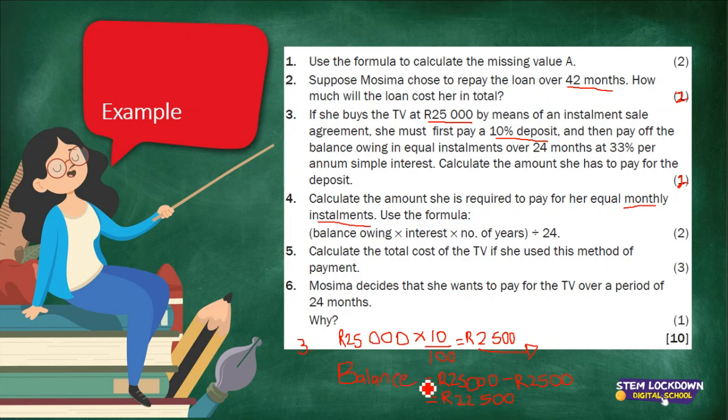Yes, it says 22,500. So your first step, write the formula as is, then substitute your values. So in this case, this will be 22,500 for the owing balance times interest, right?